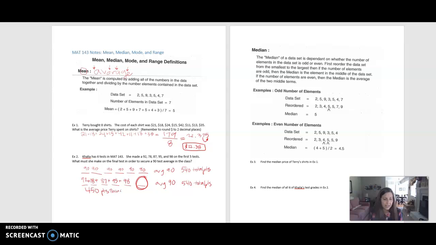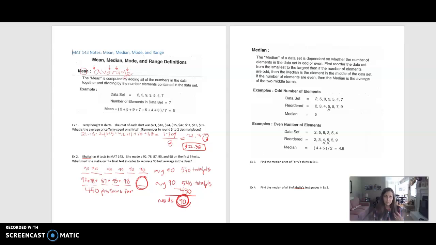So Kalia has 450 points thus far. She wants 540 points. That's what she needs if she wants that average of a 90. So if we just subtract, she wants 540, she's got 450, she needs 90 points on that last test. So she needs to make a 90 on the final test.